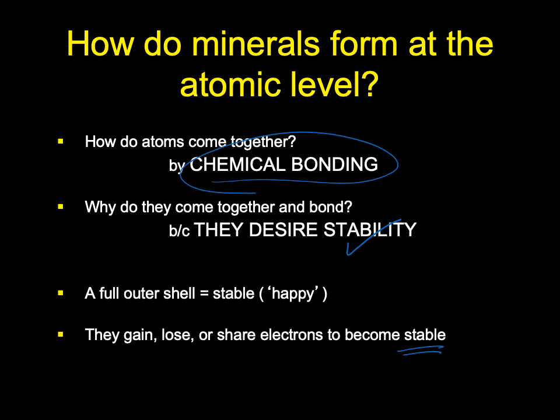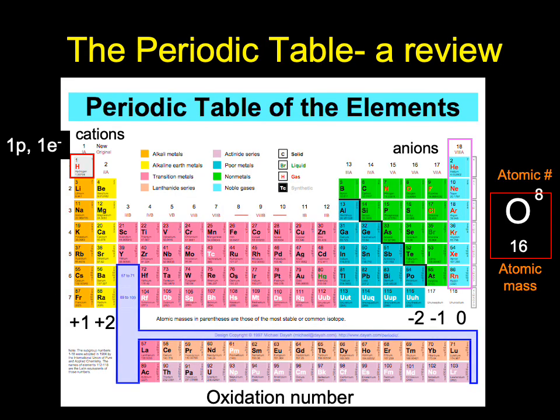So if we remember this from intro chemistry, we should hopefully then too remember that we can look at the periodic table and figure out which elements have a couple of extra electrons that they would rather get rid of versus missing just a couple of electrons that they would rather gain. Here's the periodic chart, and so hopefully you remember this from intro chemistry.